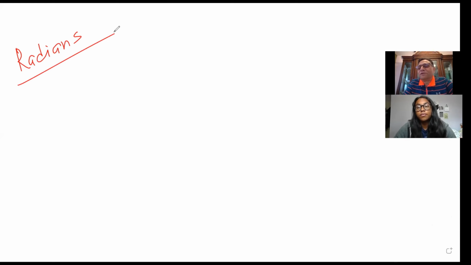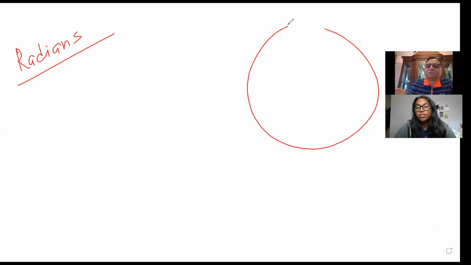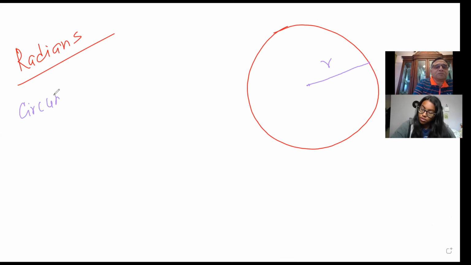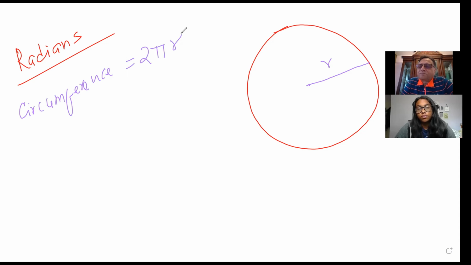You know what is the circumference of a circle? 2 pi r. Perfect. So if the radius is r, in that case, circumference is 2 pi r. Now we have a relation between the arc length, radius, and the angle.